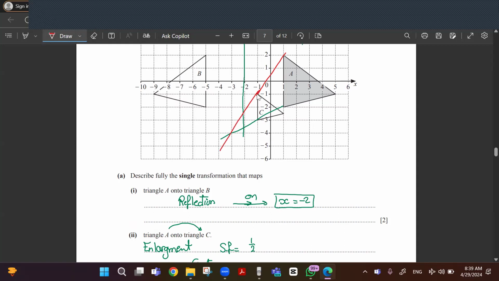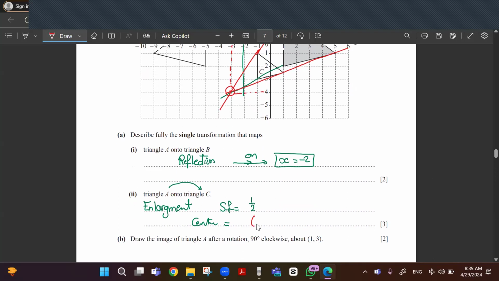Do I have to join the third one? No need, but I will do it as confirmation. So the point is here, negative 3 and -4. So the center will be -3 and -4.